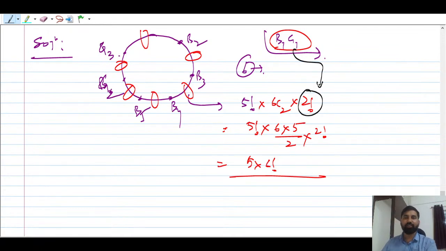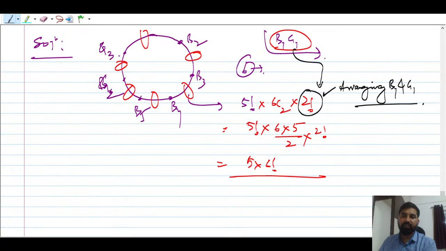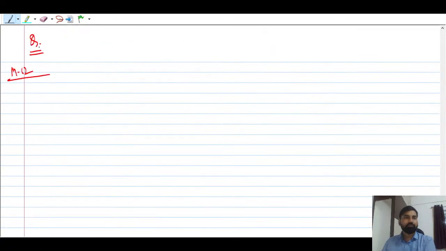Arranging B1 and G1, you can write down this. Each and every line should be understood, okay? Fine. Now, 7 women and 7 men.